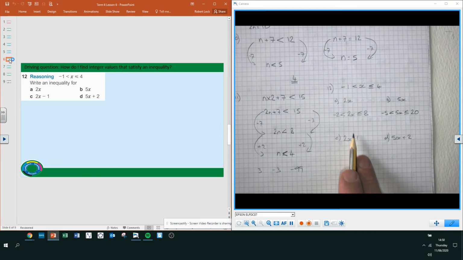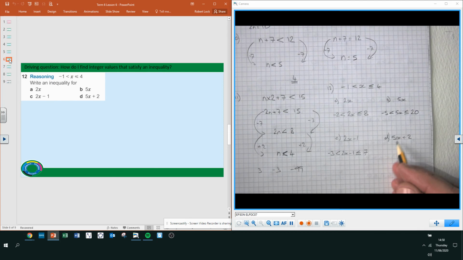So we have from here 2x minus 1. Minus 1 and minus 2 makes minus 3. 8 minus 1 is 7. So if we worked out the equations, it will come out as this.